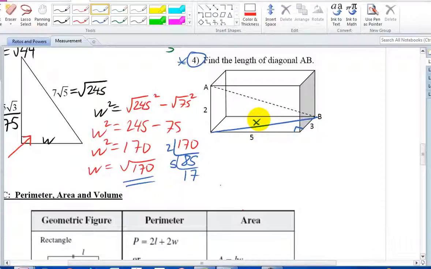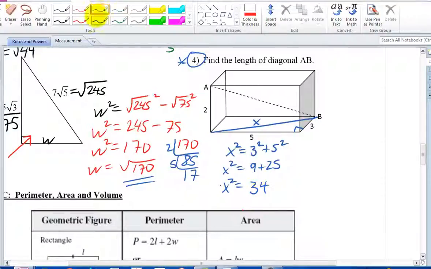So we're working on the plane that goes into your page. So figure out what x squared equals. Go. 34.